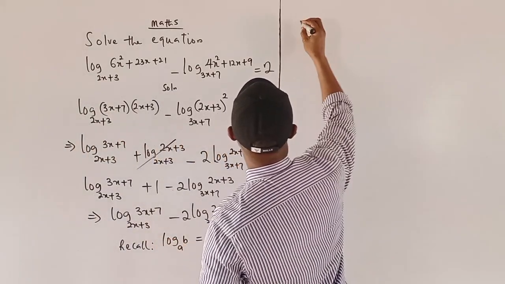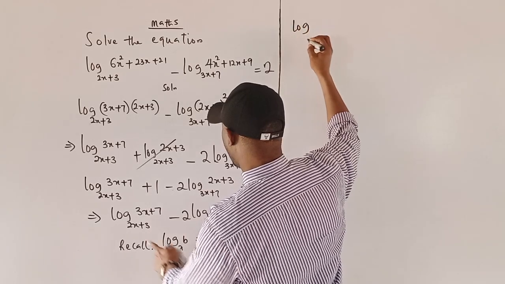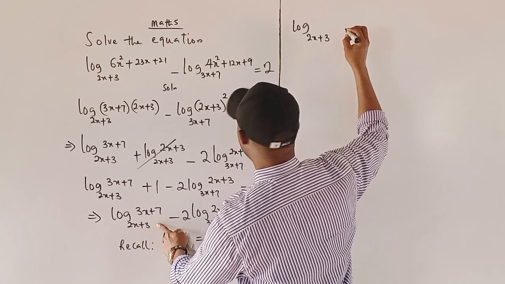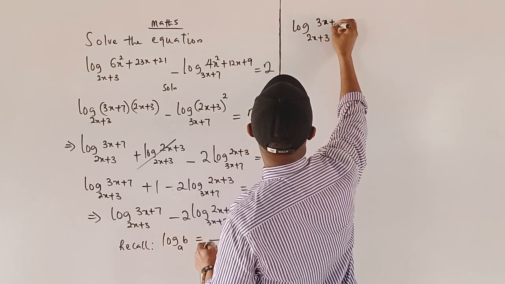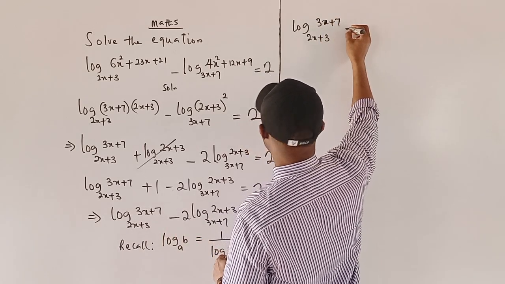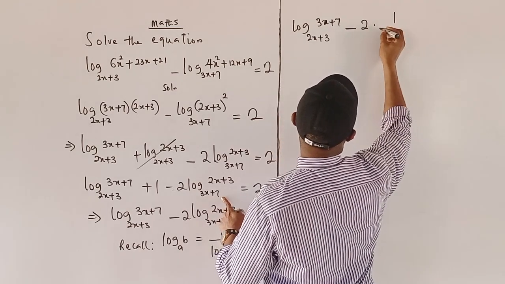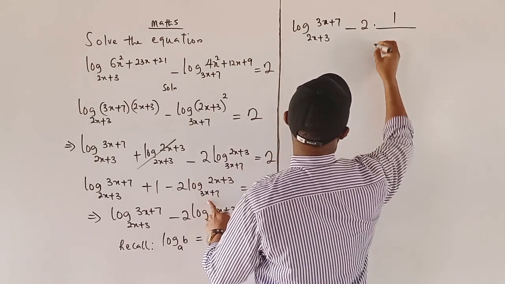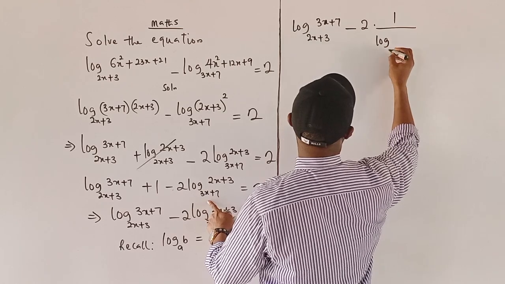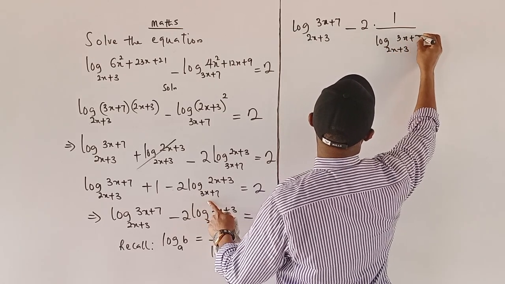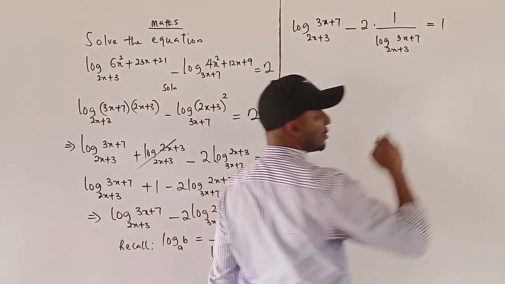So I can write this to become log to the base 2s plus 3 of the argument 3s plus 7, minus 2 multiplied by 1 upon log to the base 2s plus 3 of the argument 3s plus 7, everything equal to 1.